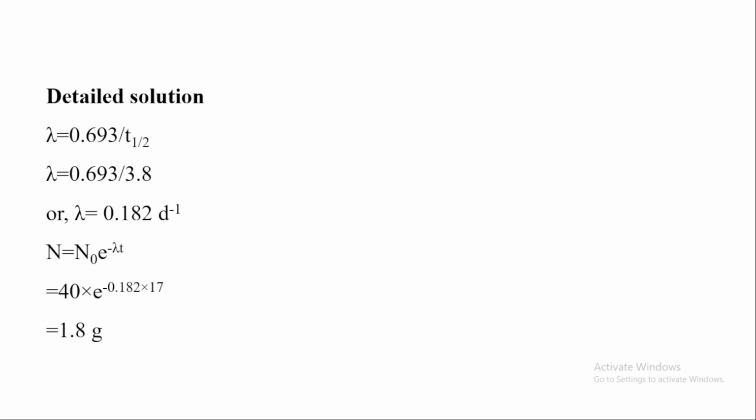So the decay constant value is 0.182 days inverse. Now again n is equal to n0 e raised to the power of minus lambda t. Your n0 initial value is 40 grams, so 40 into e raised to the power of minus 0.182 into 17, because in 17 days we have to find the amount of element that is remaining undecayed.